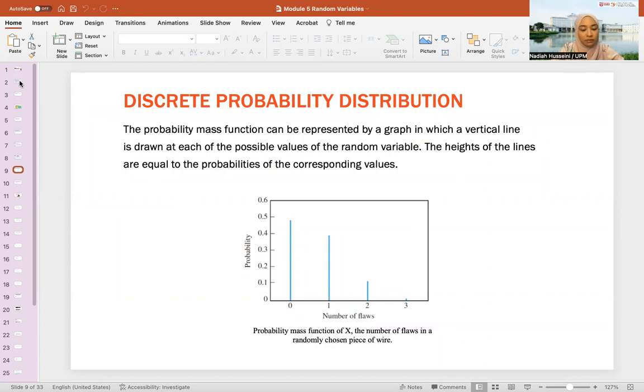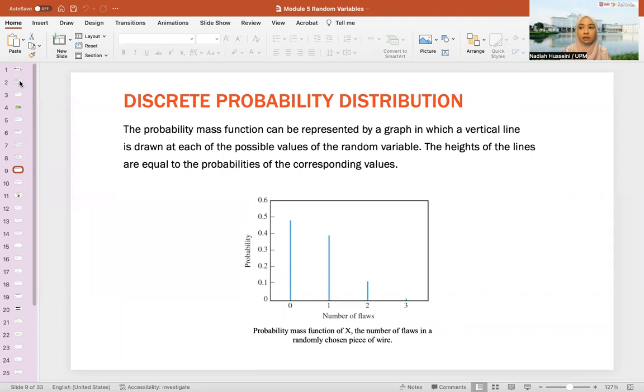But instead, we say, what if we define a random variable as the number of flaws that we see on a paper, for example. If I see one flaw on the paper, I would say the random variable x is equal to 1. If I see two flaws, then the random variable x is equal to 2. So basically we eliminate all those sentences.